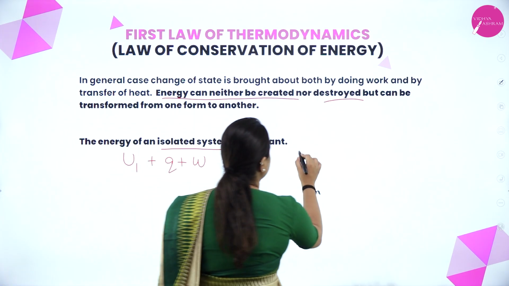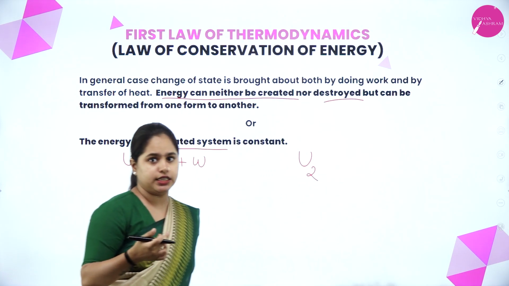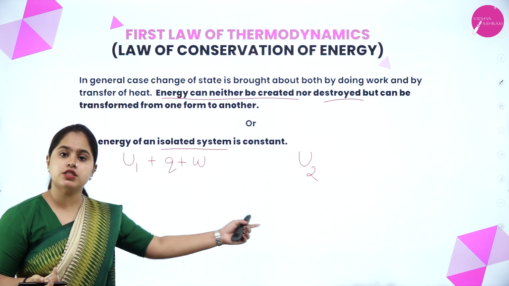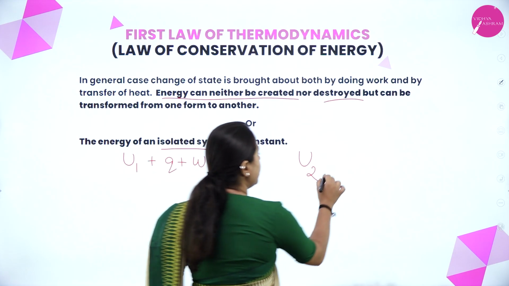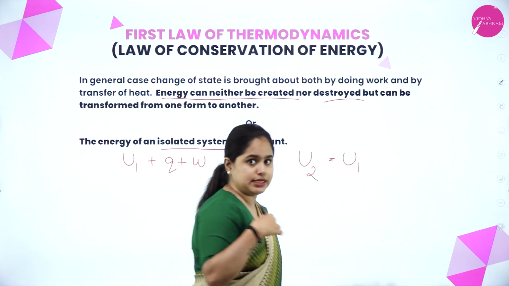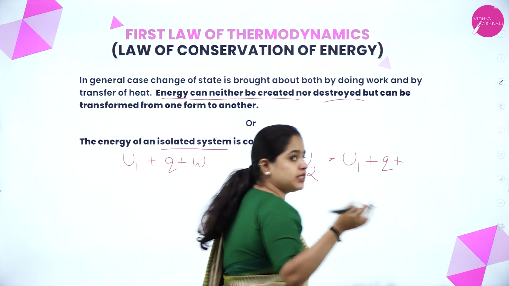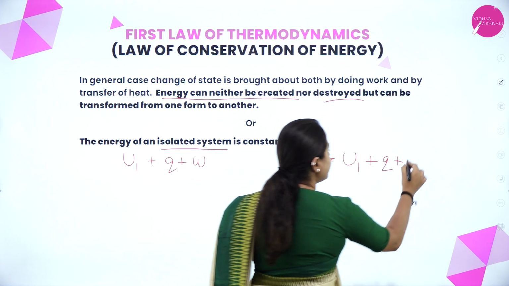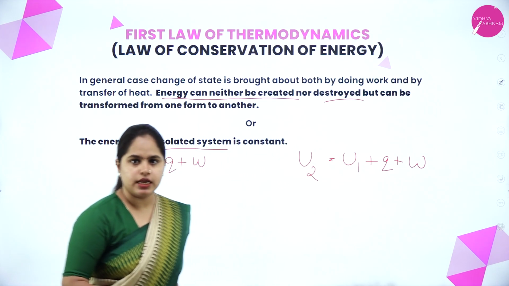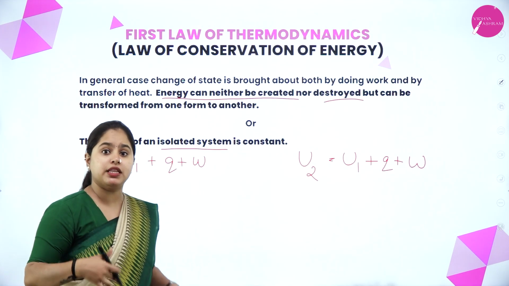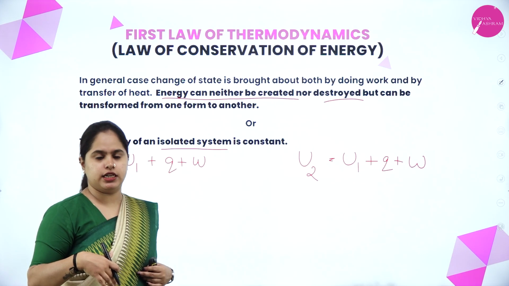So now I'm going to consider the final internal energy, that is U2. Now what is this U2? This U2 will be equal to the initial internal energy, whatever it is there, plus the heat that is being transferred and the work that is being done, right? It will be the sum of all this, which will be the final internal energy.